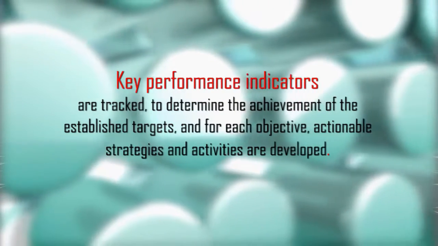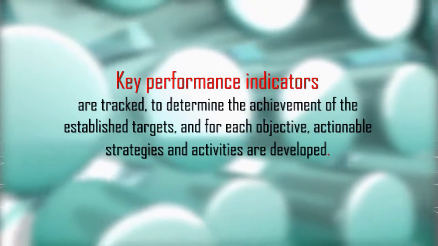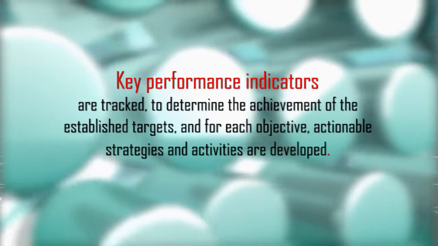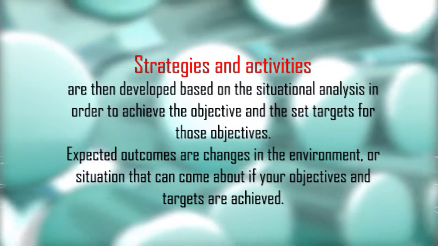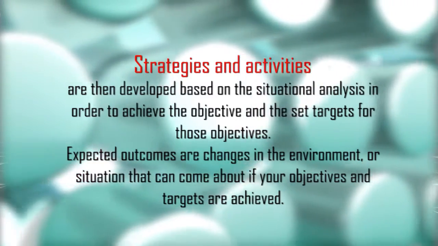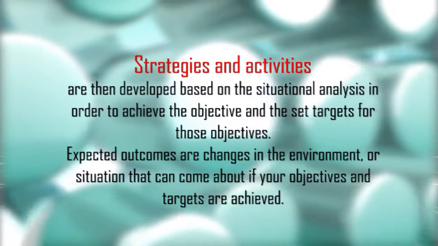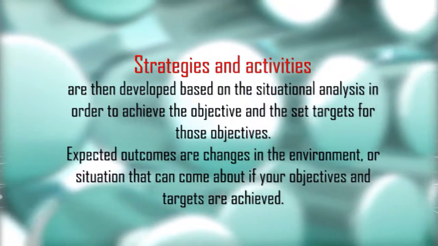Key performance indicators are tracked to determine the achievement of the established targets, and for each objective, actionable strategies and activities are developed. Strategies and activities are then developed based on the situational analysis in order to achieve the objective and set the targets for those objectives. Expected outcomes are changes in the environment or situation that can come about if your objectives and targets are achieved.